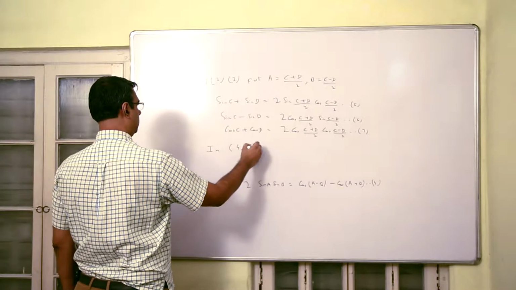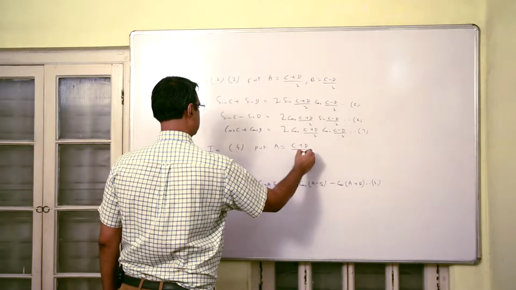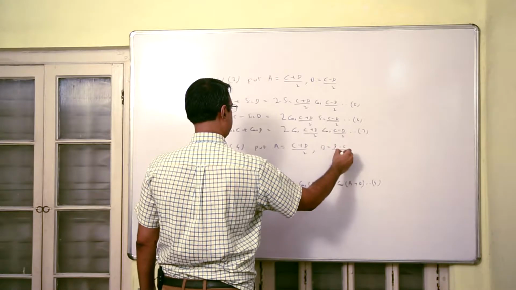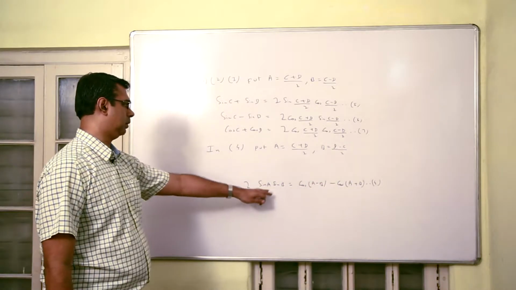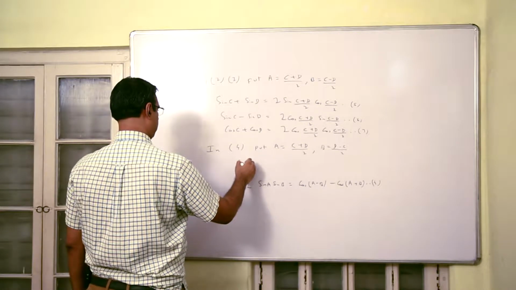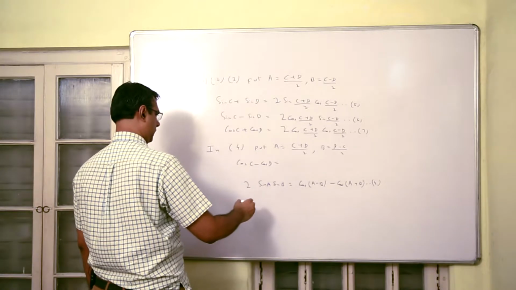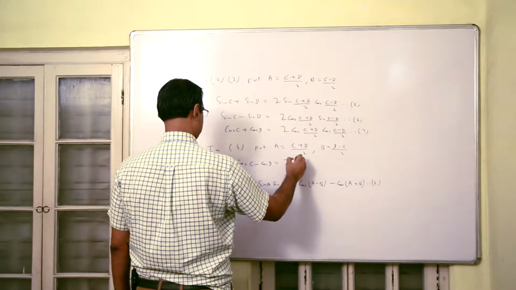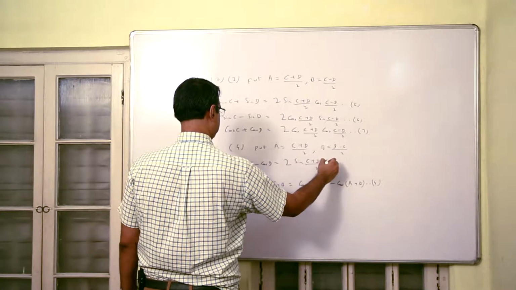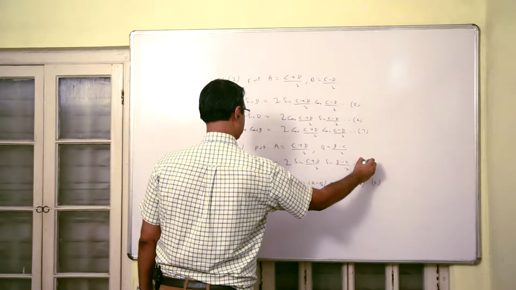In formula number 4, if you put A equal to C plus D by 2, B equal to D minus C by 2, you will get cos C minus cos D is equal to 2 sin C plus D by 2 into sin D minus C by 2.